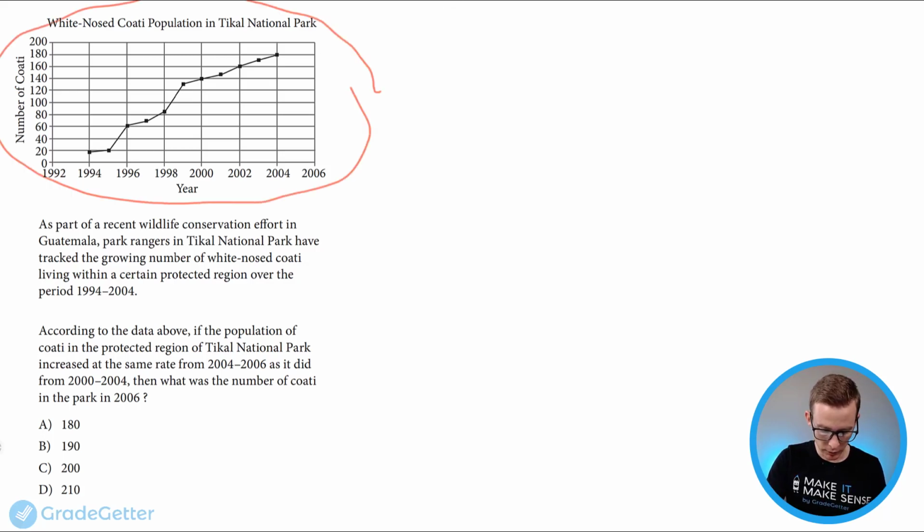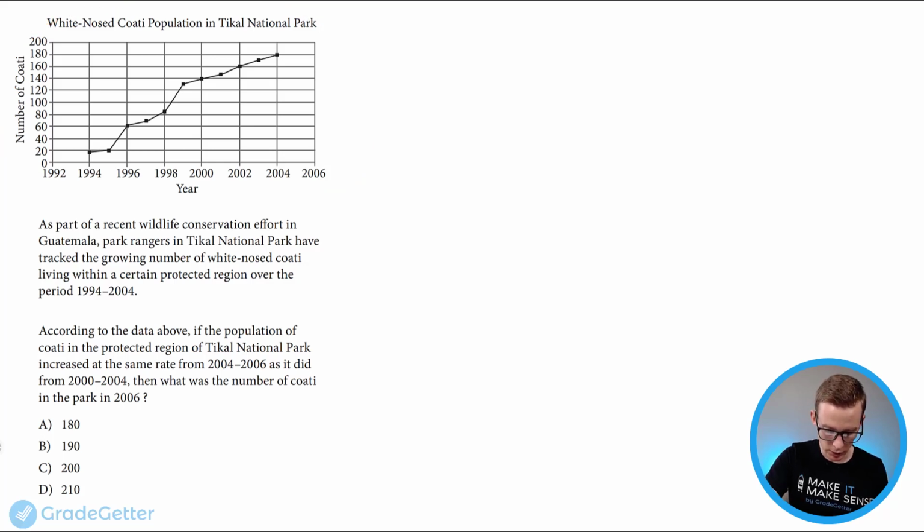They're given a bunch of information. It says, as part of a recent wildlife conservation effort in Guatemala, park rangers in Tikal National Park have tracked a growing number of white-nosed coati living within a certain protection region over the periods from 1994 to 2004.